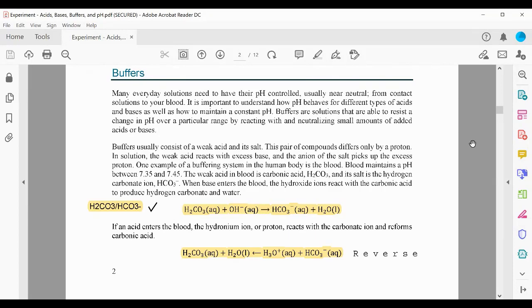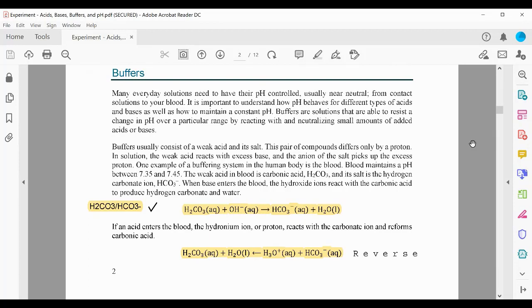Then I add the base, I take the pH again, and I see that the buffer is now 4.83. It only changed 0.09 points, obviously up because we added a base.